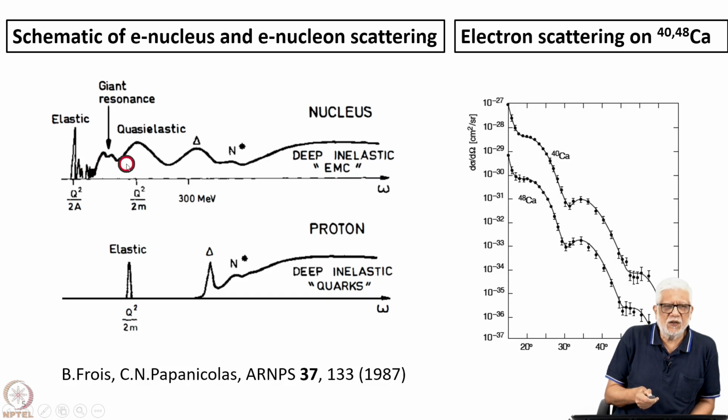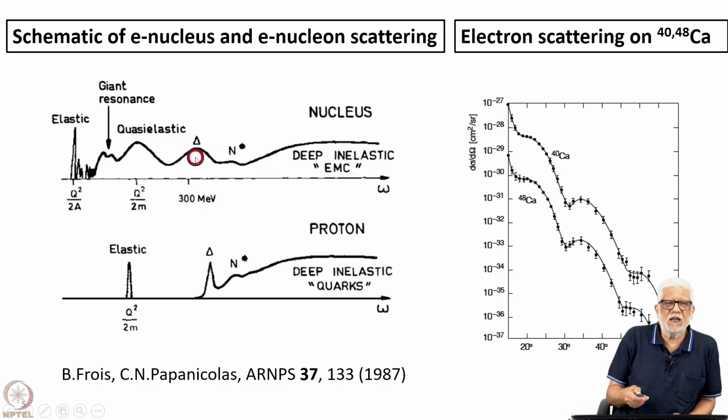And then you have a giant resonance where you have a collective behavior. You can have the giant E1 resonance, giant M1, E2, and so forth. And then you have a quasi-elastic peak where you have an electron scattering off a nucleon in the nucleus.